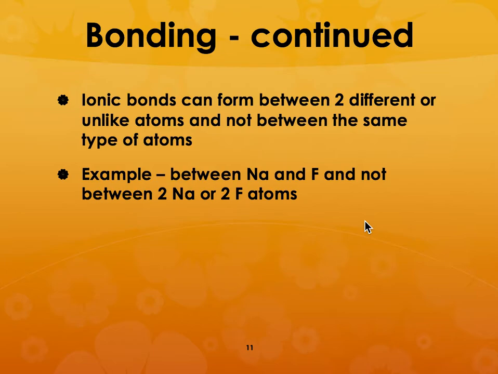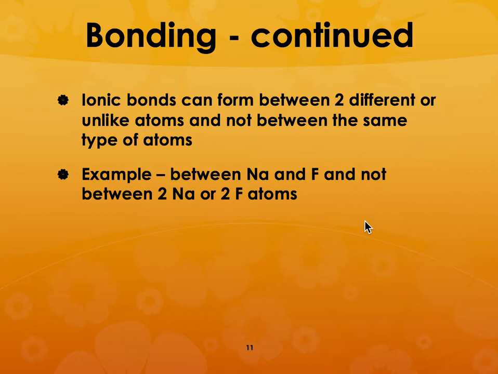And we will come to the description of those different types of bonds as we go along in these slides. So the first type is ionic bonds, and as I said, they can form between two different or unlike types of atoms and not between the same type of atoms. So, for example, if you have sodium and fluorine, it is not between two sodium or two fluorine, but between sodium and fluorine.